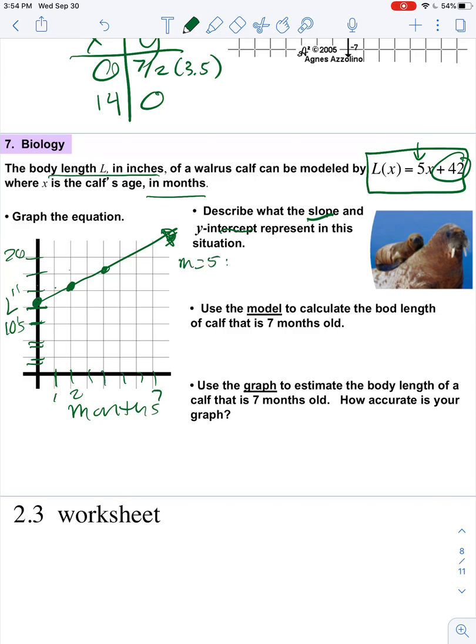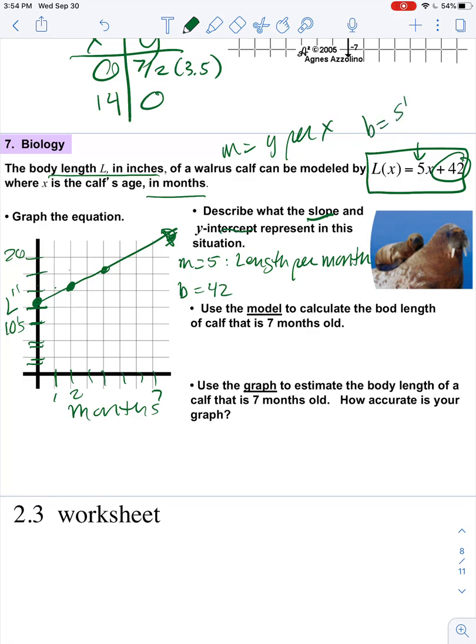So let's describe what the slope and the y-intercept mean. My slope is going to be 5. And what that's telling me, slope always tells you y per x. So in this case, my y is representing length per, and then my x is representing months. So it's the length that they grow per month.